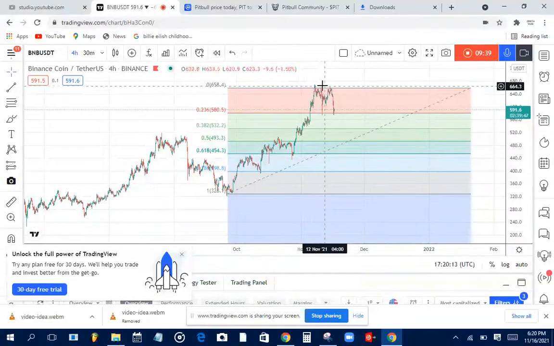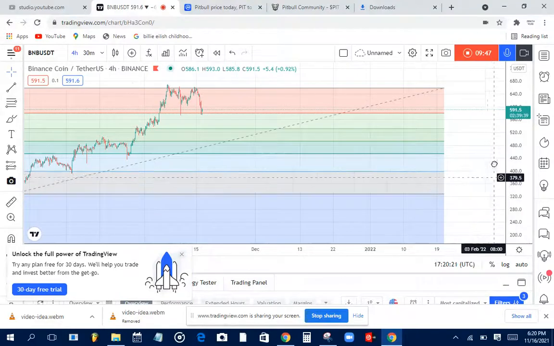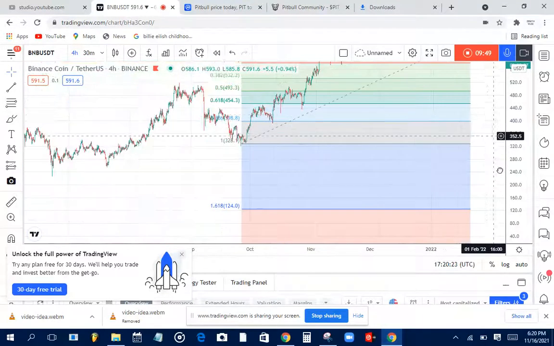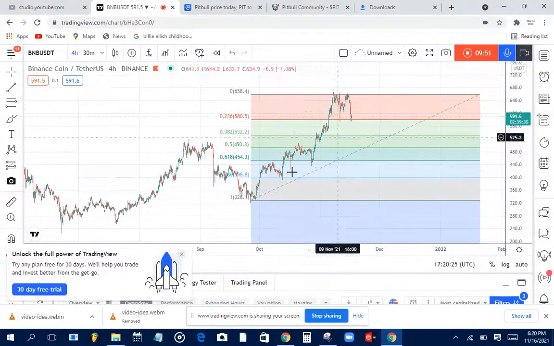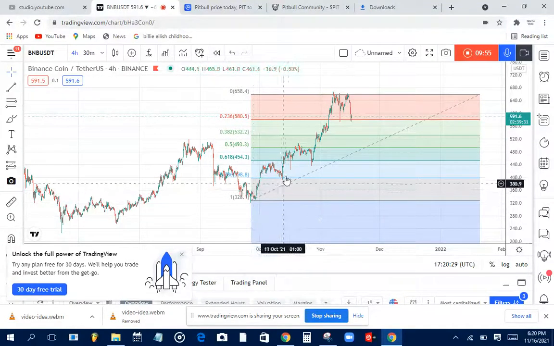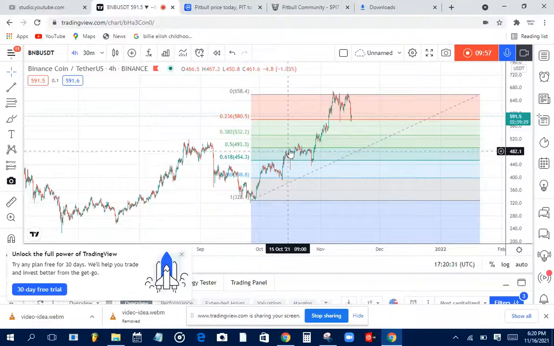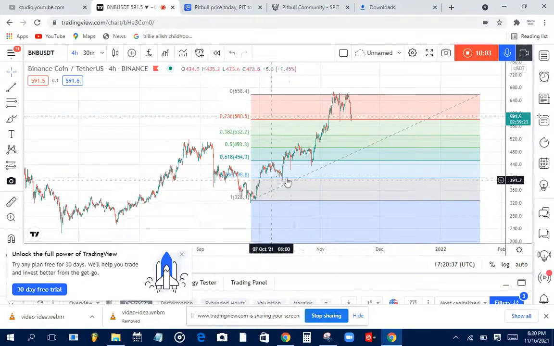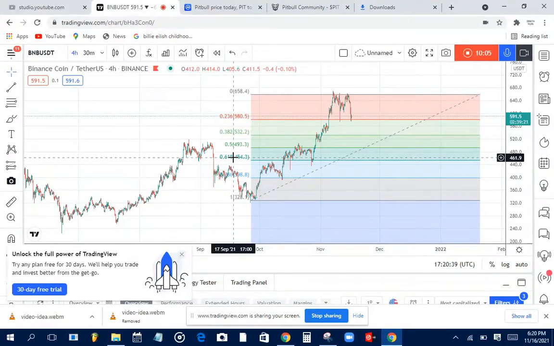So now you can see how price moved down to this point and rejected it. Price is moving down to this point and is rejecting it again. So this stuff works like magic. In the past, you can see our price went to this point, rejected it, moved to the next Fibonacci, and broke this one because there is the inverse head and shoulders pattern, which is very strong.